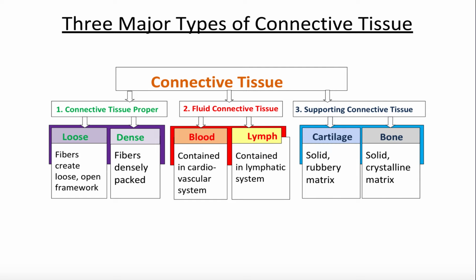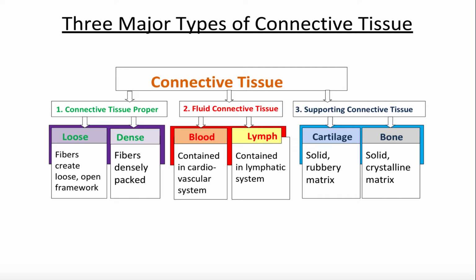Loose connective tissues provide more of an open framework, which means lots more space for blood flow and nerve tissues for allowing connections and sensing stuff. On the other hand, dense tissues are used more for attachment and connection of stuff, but because they're densely packed, they're going to be a lot more like epithelial tissues in the fact that they don't have as much space between the tissues for stuff to weave through.